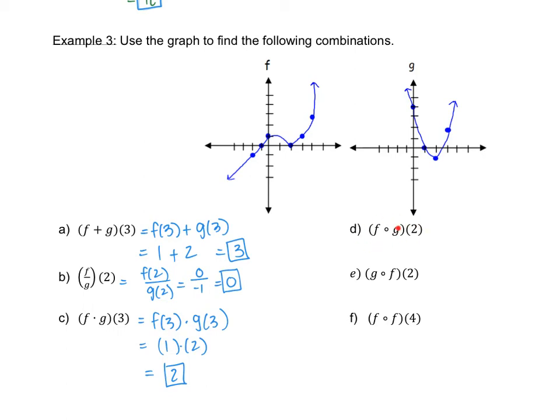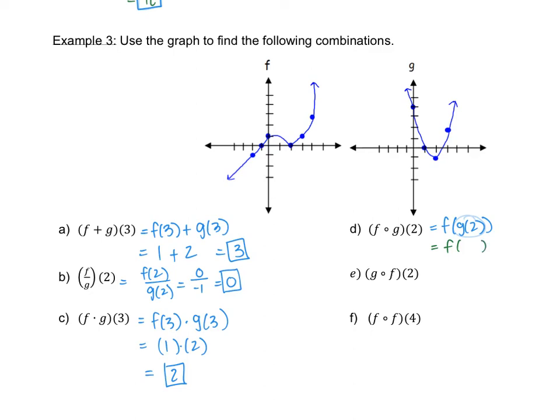For f of g, remember that is taking your f and plugging in a g, and in this case our x here is going to be the 2. So I would do this one by one. I would first find out what g of 2 is. Going to g of 2, it's right here, and it's at negative 1.